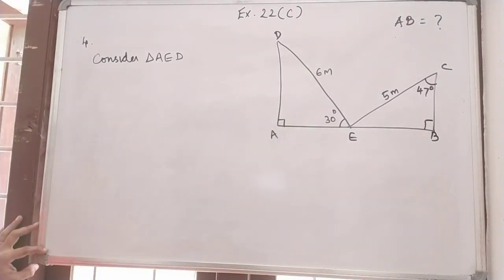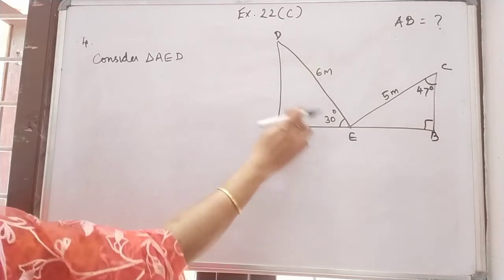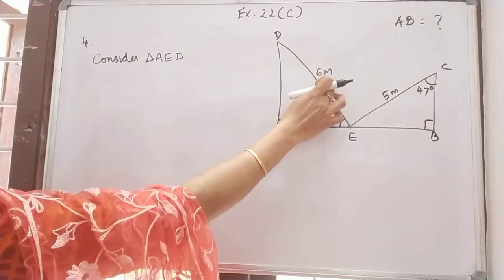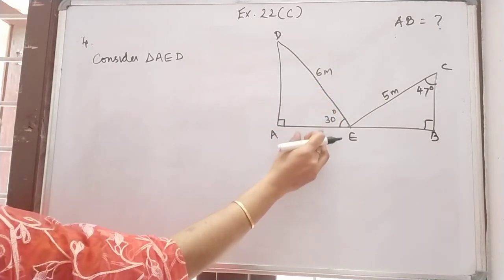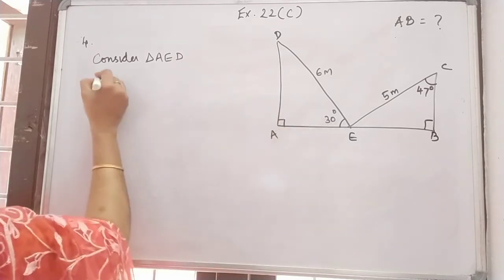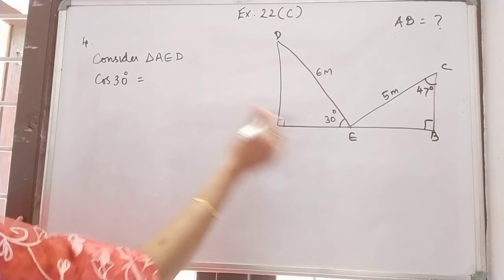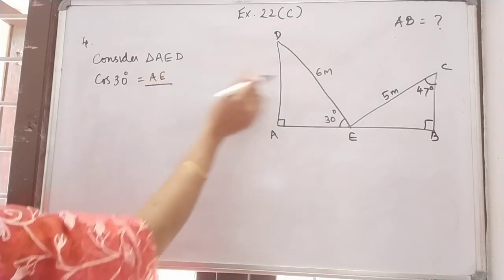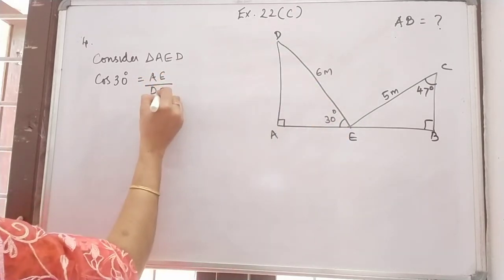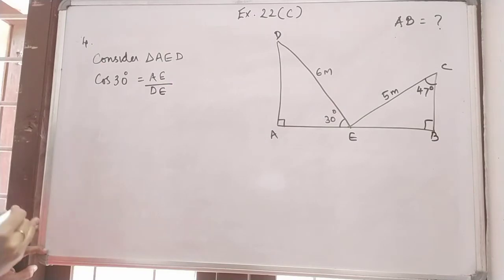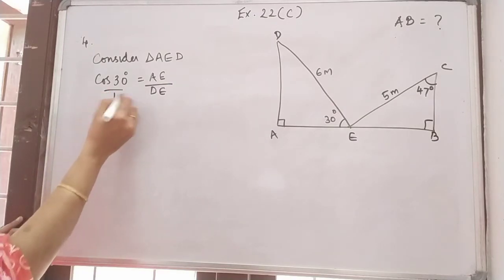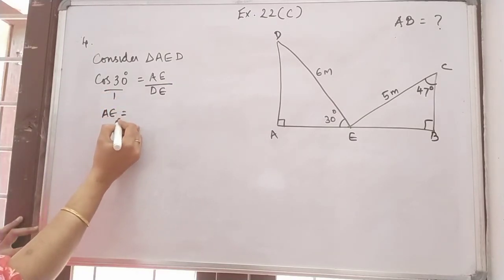AE will be cos. This is the opposite, this is the hypotenuse and this is the adjacent. So cos 30 degrees is equal to adjacent AE divided by hypotenuse DE.